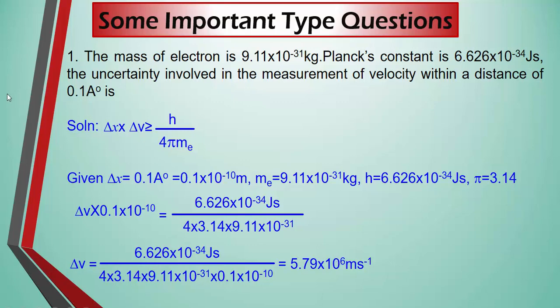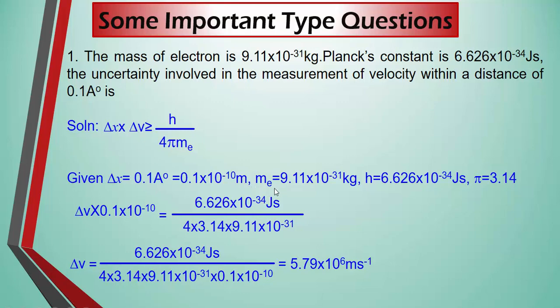Now just to make you understand, I am doing all of this in a detailed fashion. Delta x, that is the error in calculating the position, is 0.1 angstrom. You know that 0.1 angstrom is nothing but 0.1 into 10 to the power minus 10 meter. Angstrom is 10 to the power minus 10 meter.